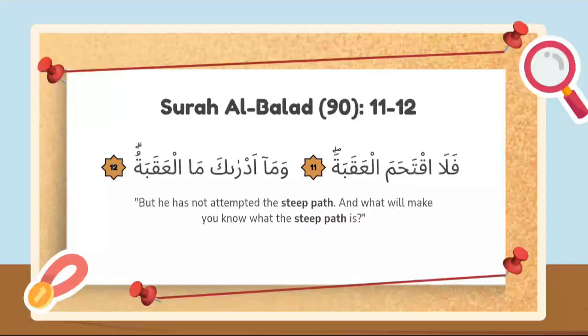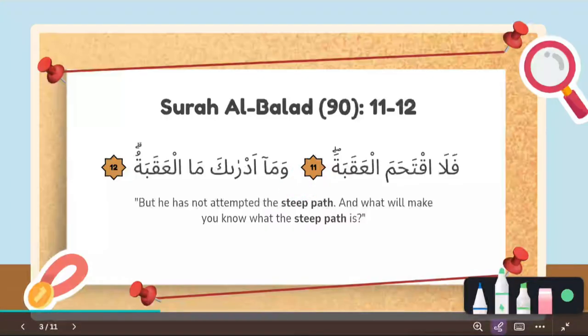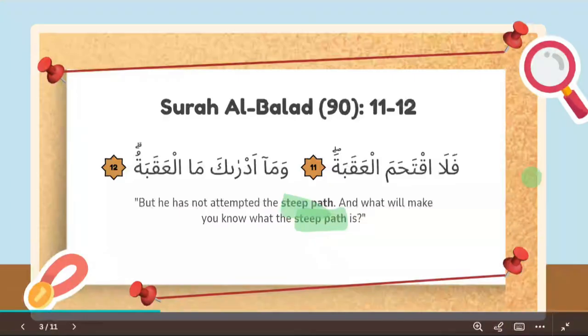Okay, in these verses we find the phrase the steep path, which can be related to the concept of slope or gradient. There are many examples of slope in our daily life.